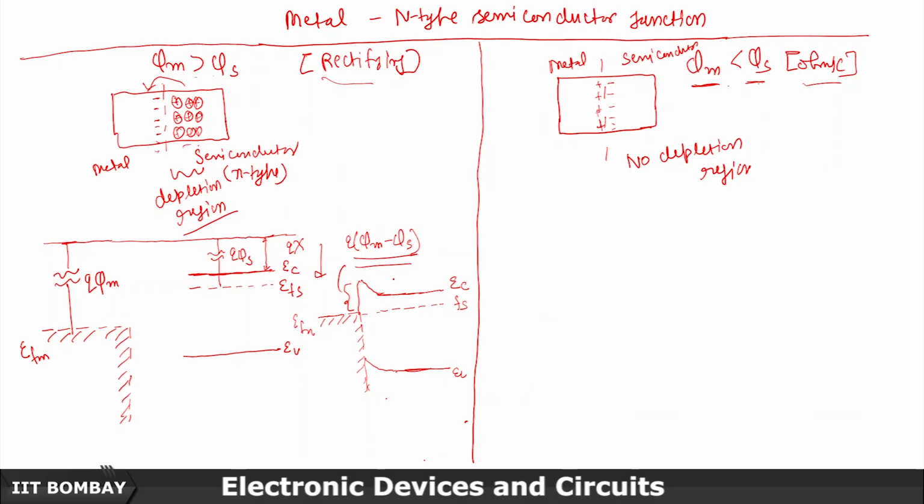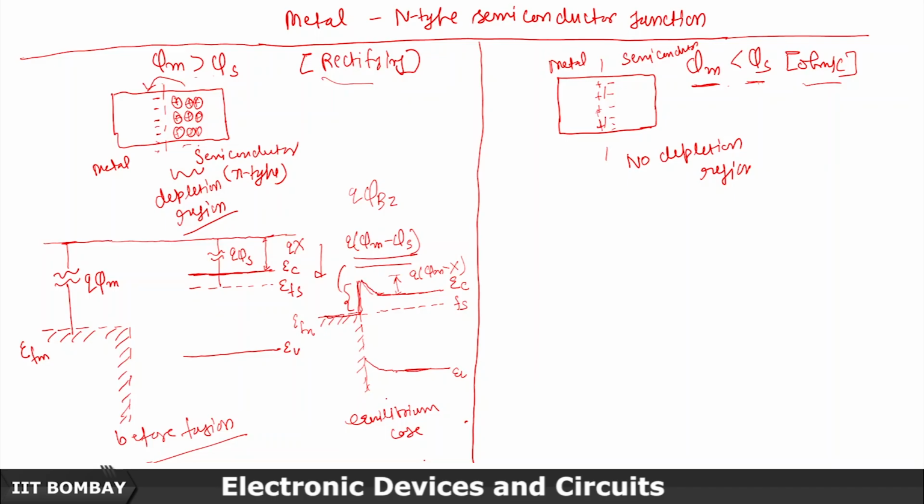And this is equal to q(phi m minus chi). Now, this is the equilibrium case, and this is the case before fusion, or you can say before the metallurgical junction forms. So here this barrier q phi B, this barrier height, is there.